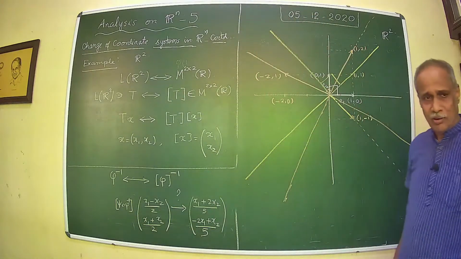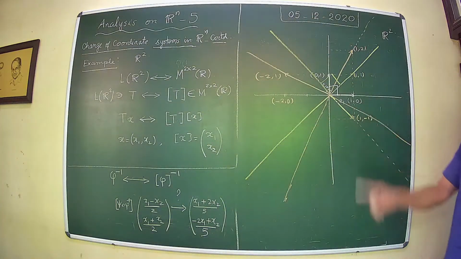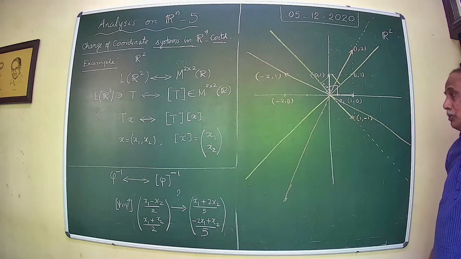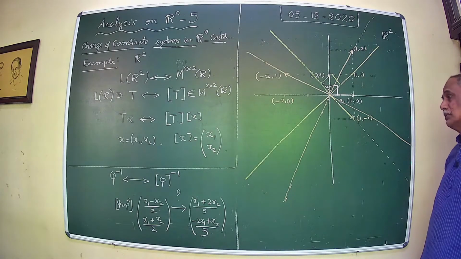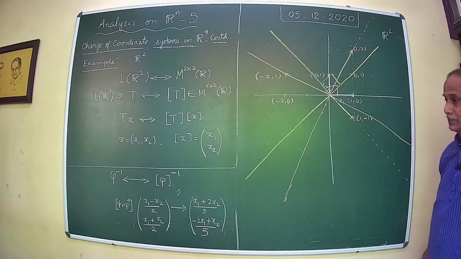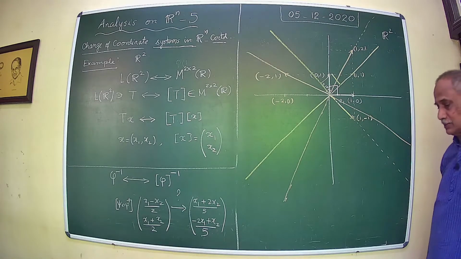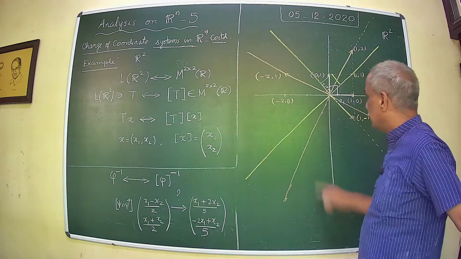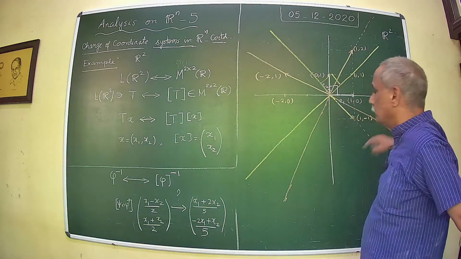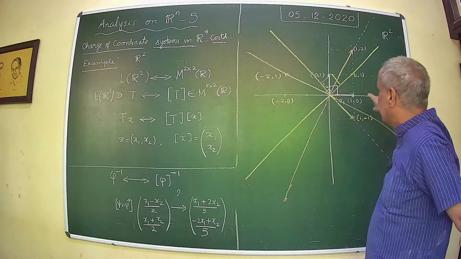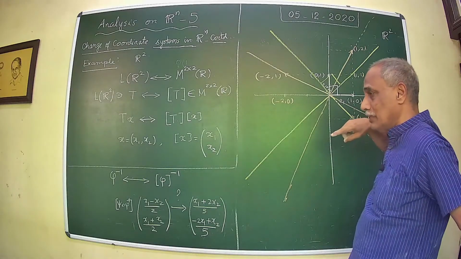This is induced by an ordered basis. Now here you have seen that when you introduce different bases, the yellow basis, the orange basis or the white basis: in the white basis you started with x1, x2.